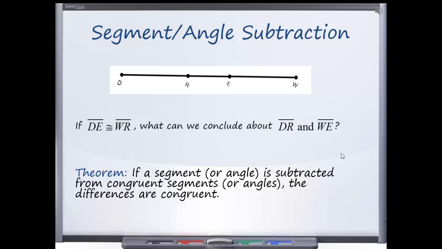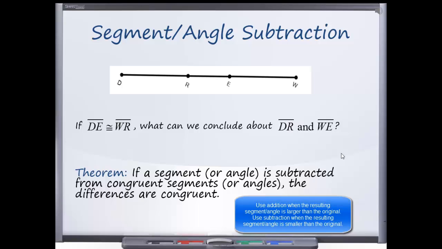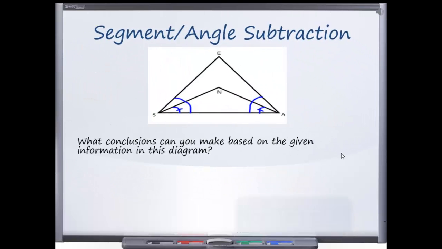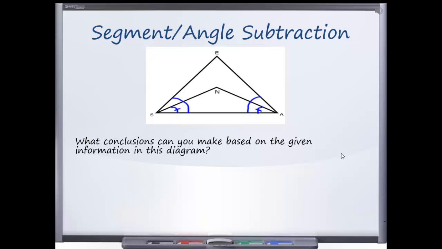So essentially, if we're using addition, we're going to be going from smaller segments or angles to larger segments or angles. If we're using subtraction, we're going from a large segment or angle to a smaller segment or angle. And again, we have the same theorem for angle subtraction.